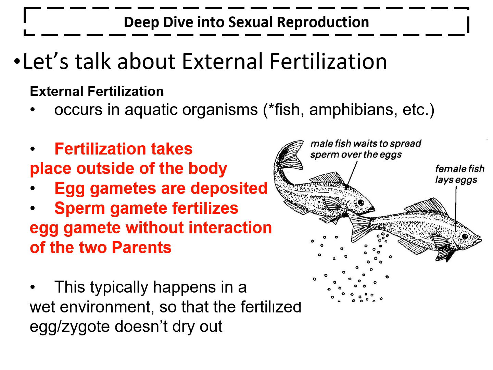You don't want it to not be viable by the time the male lays his gamete there, the sperm cells. So typically this happens in places that are wet, like oceans and seas and other aquatic areas, because it keeps the egg cell viable while it's waiting for the sperm cell to be deposited.